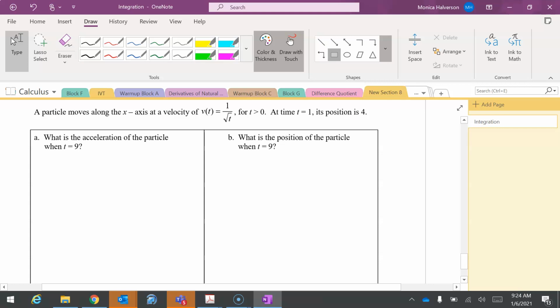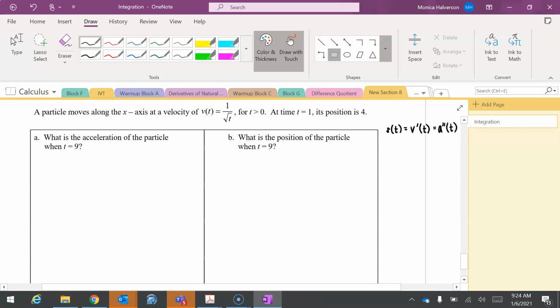its position is 4. So remember, we know that our position equation, s of t, can be converted into the first derivative, which is velocity, which can then be converted into acceleration, which is the second derivative.